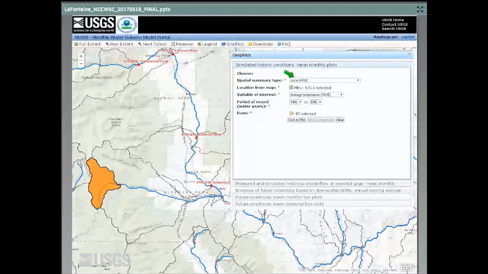And so just selecting an HRU here, you pick your local HRU. This is the ID. This is the variable that is selected, so average temperature.